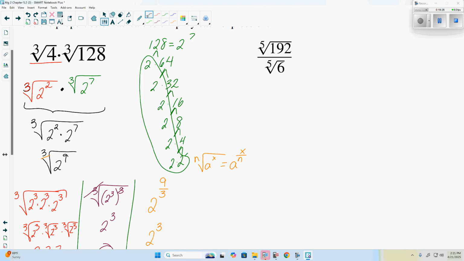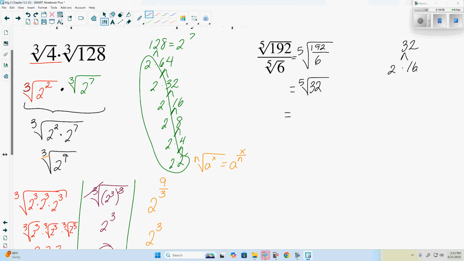All right. Fifth root of 192 divided by the fifth root of 6. Is 192 divisible by 6? Yeah. 32. 192 over 6, which is indeed 32, the fifth root of 32. Let's focus in.